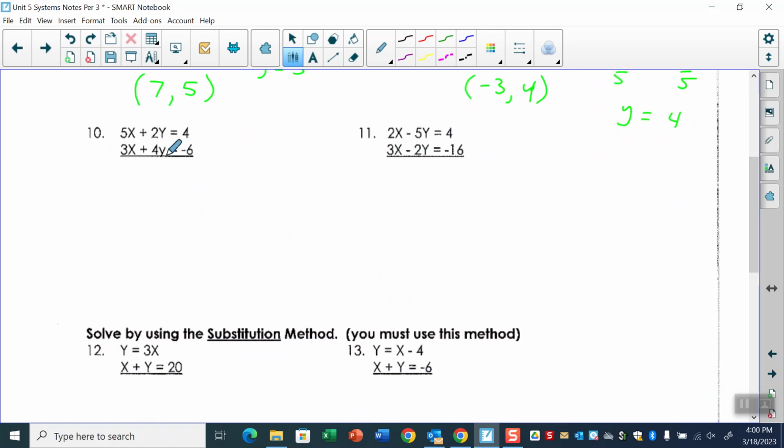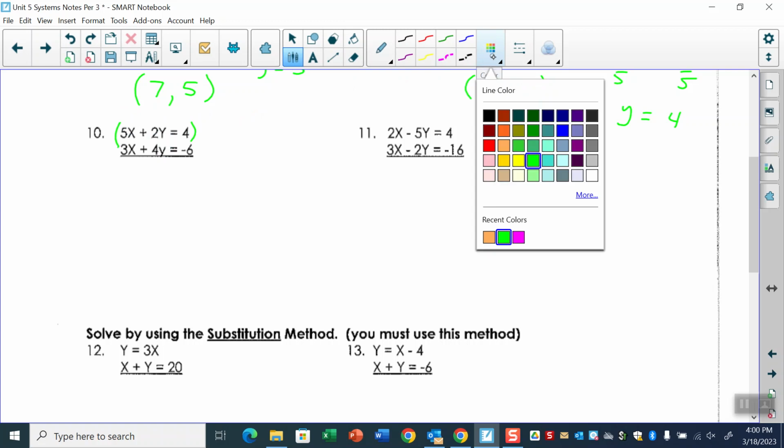Okay, and you can check that by putting it into Desmos. Now here I'm going to have to multiply first because I want them to be the same but opposite. So I'm going to multiply this top equation by negative 2.